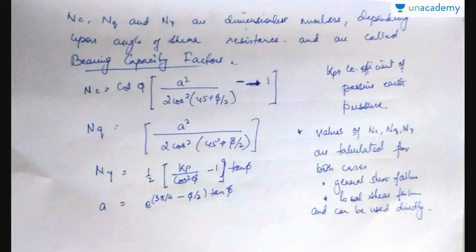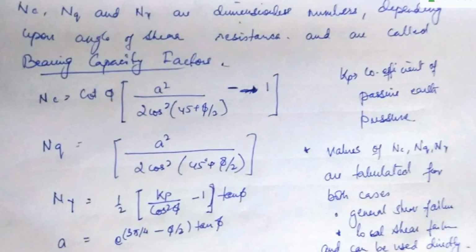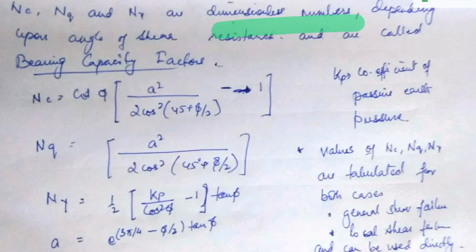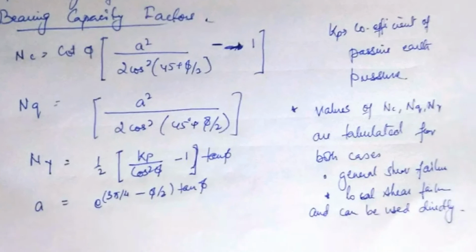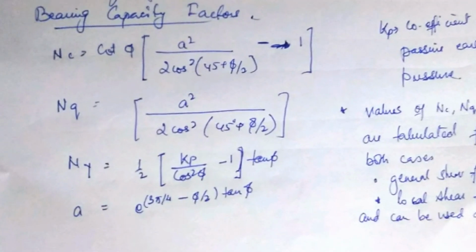But what are NC, N gamma and NQ? These are dimensionless numbers depending upon the angle of shear resistance and are called bearing capacity factors. The value of NC is actually equal to cot phi times A square upon 2 cos square of 45 degree plus phi by 2, minus 1.